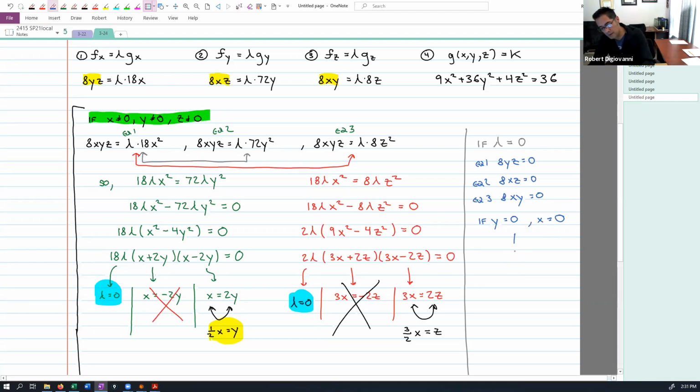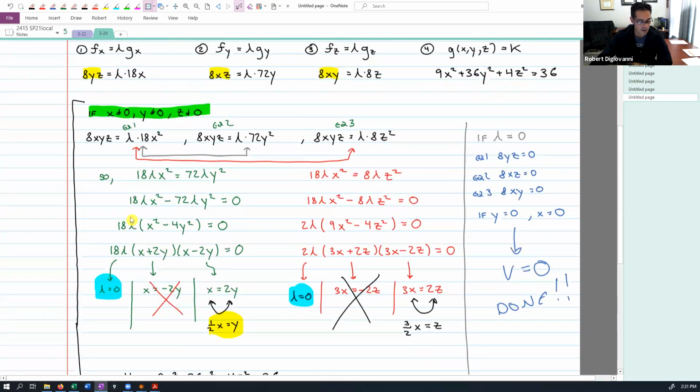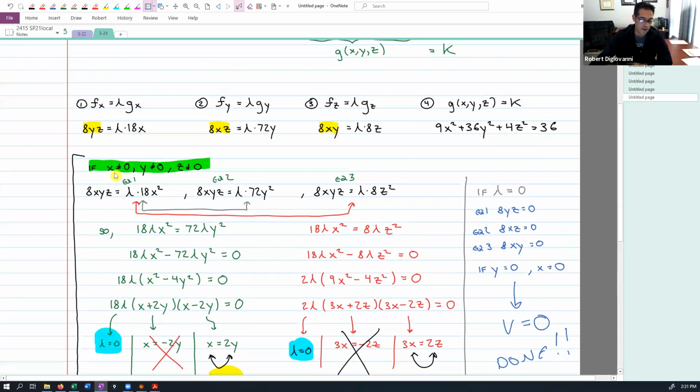So this means the volume is 0, so I'm done. I don't care about this. If any single variable is 0, that's why this is the only thing we have to consider: if they're all not 0, I get an answer. If any one of them is 0, I know my volume is 0.